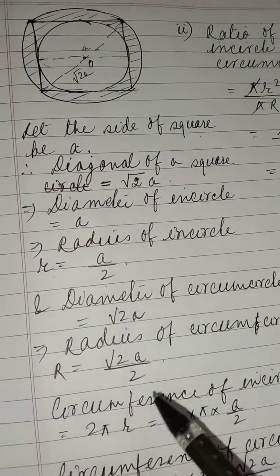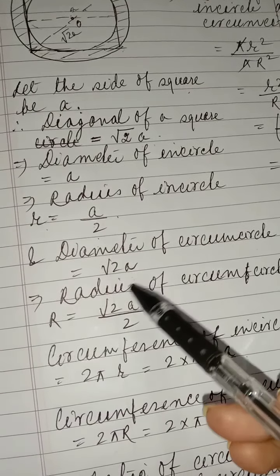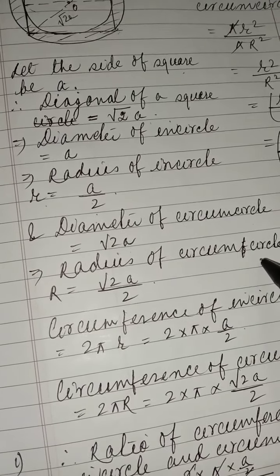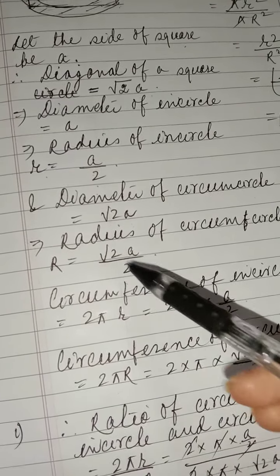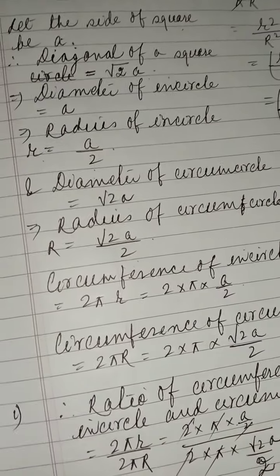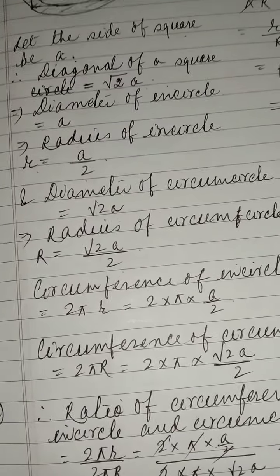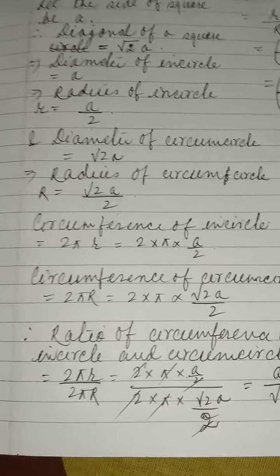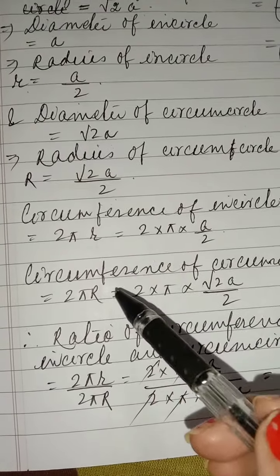So the radius of the circumcircle equals root 2 a by 2, just half of it. We have to find the ratio of the circumference of the incircle to the circumcircle, so we have to find the circumference of both.